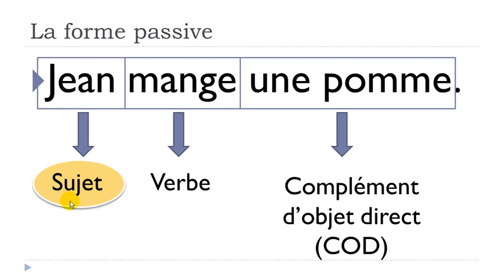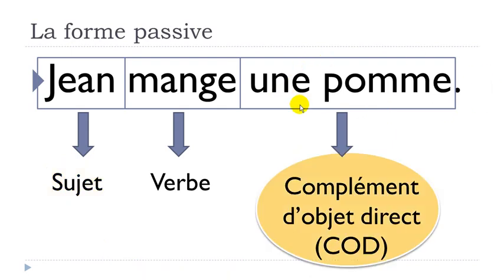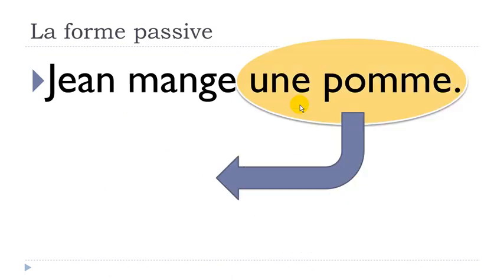So if we would like to put the focus on le complément d'objet direct, if we would like to have une pomme as the main thing of the sentence, it would be actually the whole idea of this forme passive.